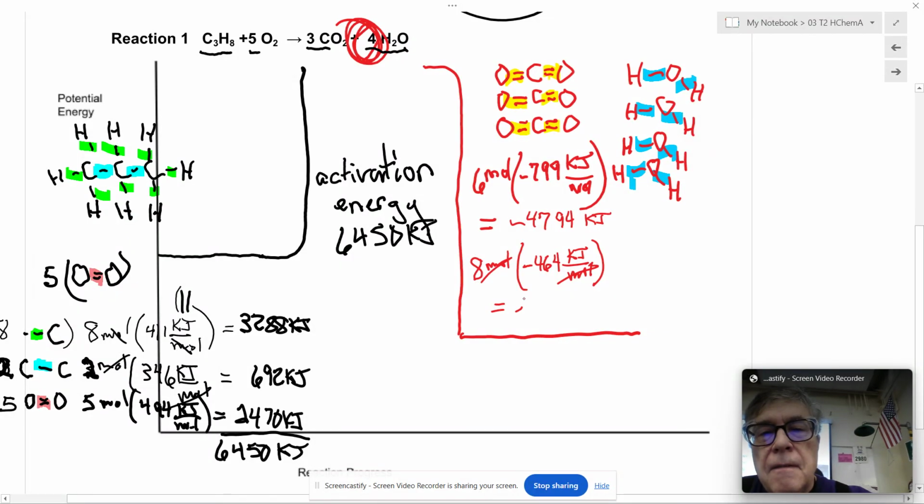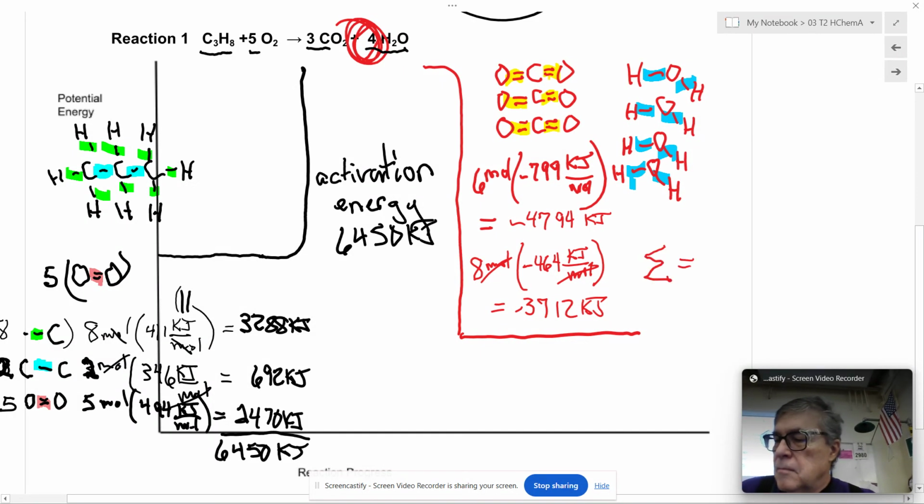And 8 times negative 464 is negative 3,712. So we're going to sum those together. The sum is negative 3,712 plus negative 4794. So now is that moment. Is this negative number going to give us a negative change in enthalpy as we predicted?